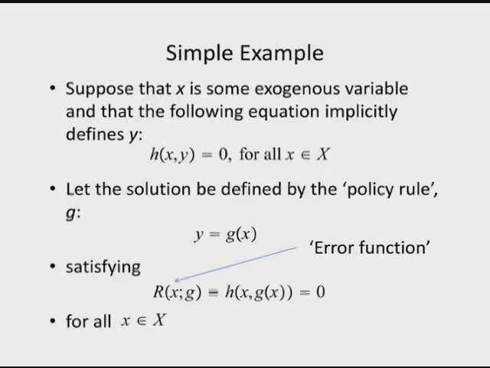So x is some kind of an exogenous variable that's given by some outside mechanism, and then the economic environment has that equation that determines the value for y. And what I'm going to do is think about the solution as being this function g, so I'm going to be looking for this function g that solves h of x, y equal to 0.